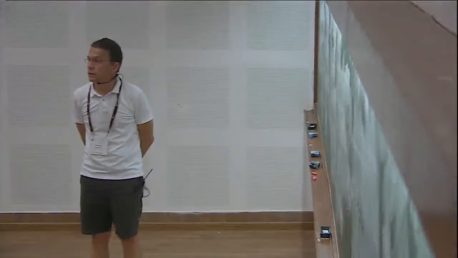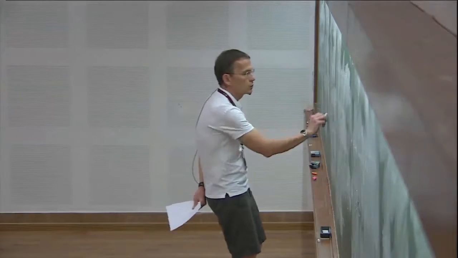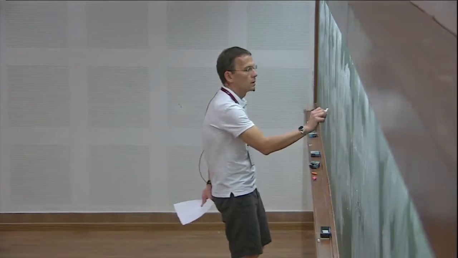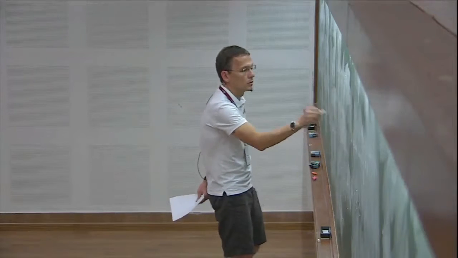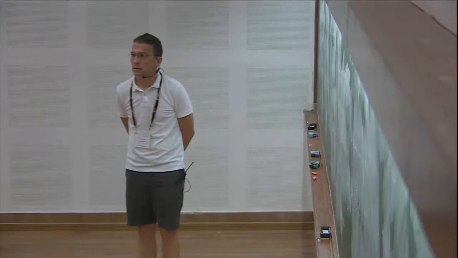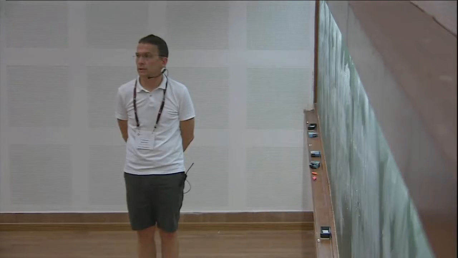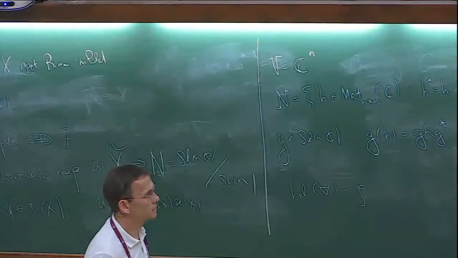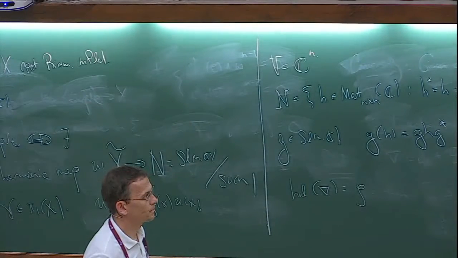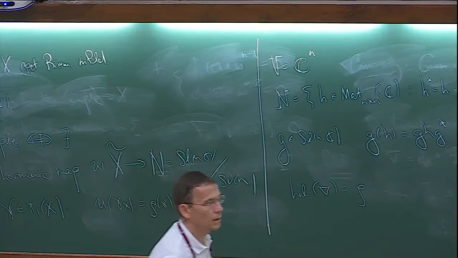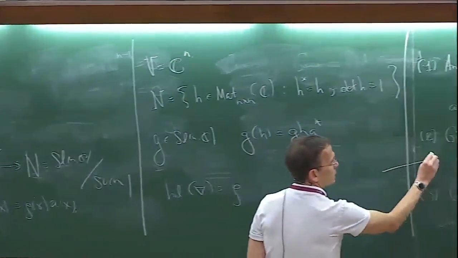The holonomy of this flat connection is rho. So given a representation, I think of this as a flat connection.